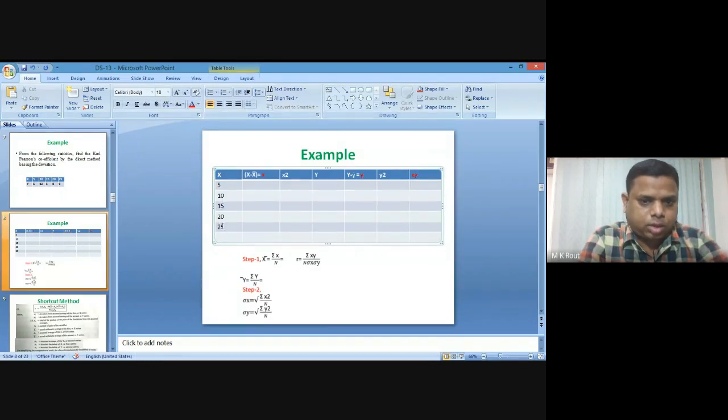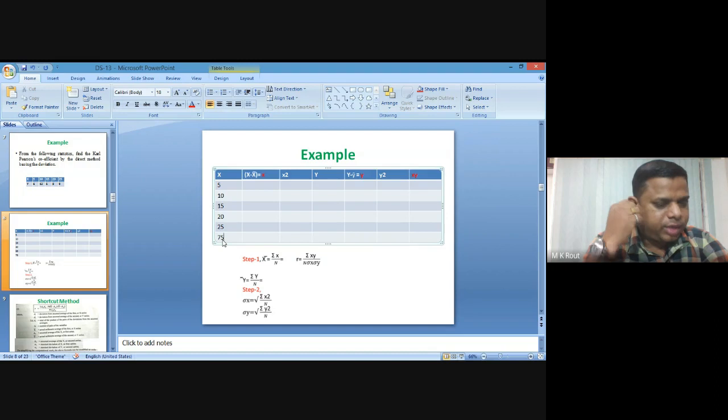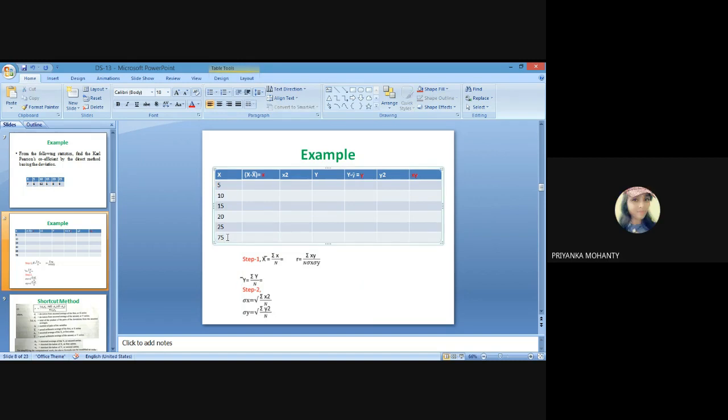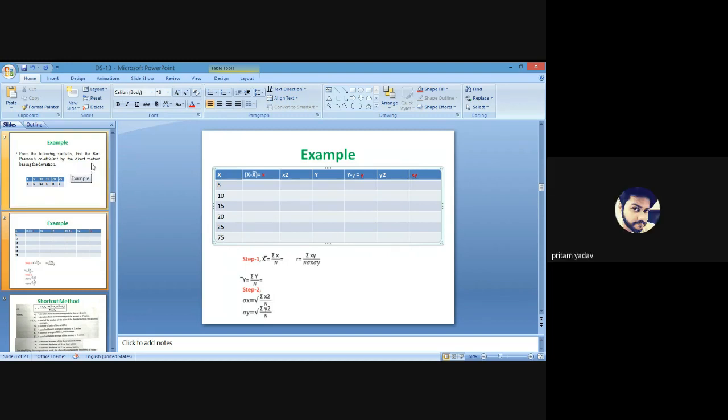So what is the sum of x here? Anyone? 75. That means 75 divided by how much? 5. That is the value of x bar, that is 15. Is it clear? Yes, sir.